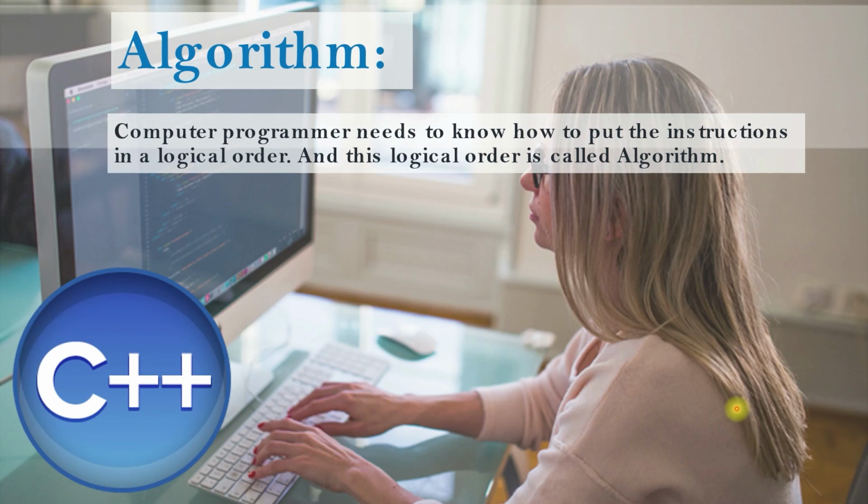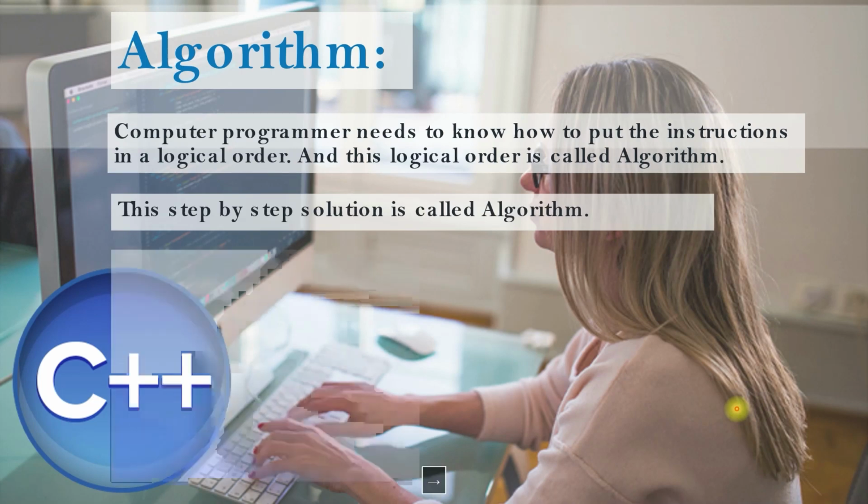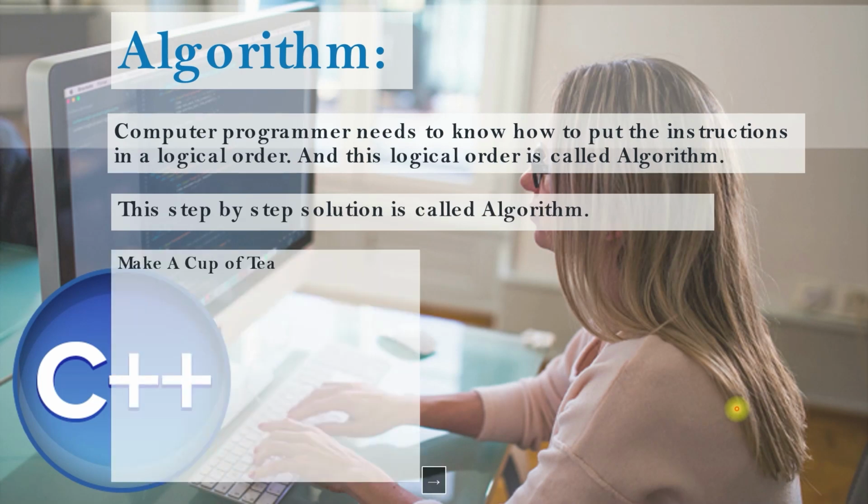Look, algorithm is the logical order that programmers have to put their instructions into, okay? Or simply we can say this step-by-step solution is called algorithm. It means a step-by-step solution of a problem is called algorithm.